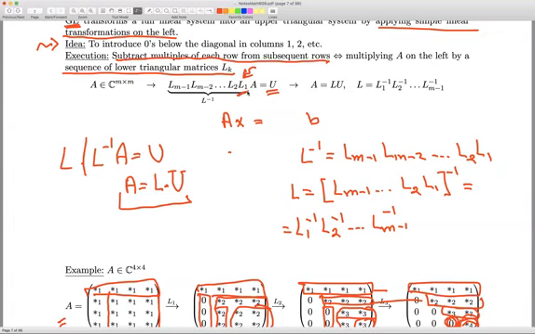So we have to determine what all those matrices are. And we have to see that when we look at their inverses and multiply them, we end up with a matrix that is a lower triangular matrix.